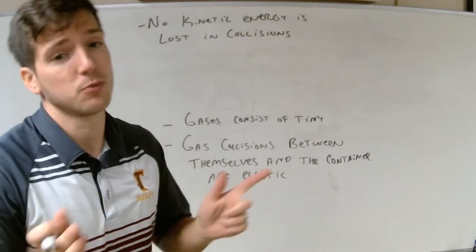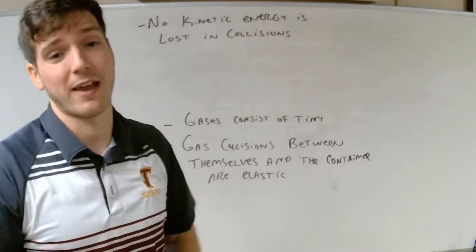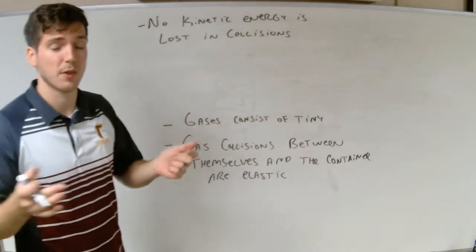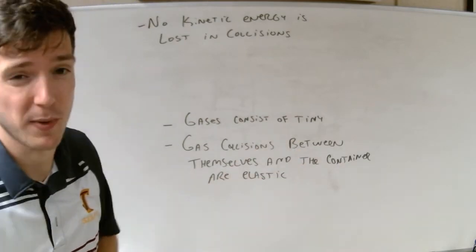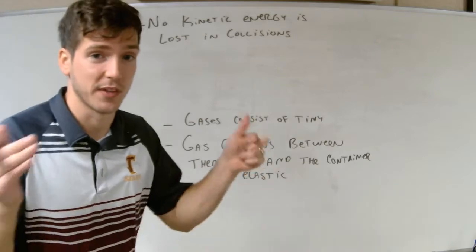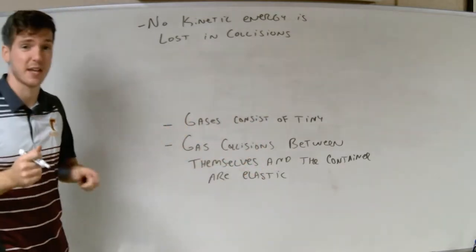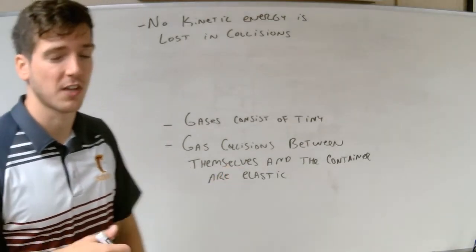Typically, real gases, when they collide, they lose a little bit of energy, right? From friction, they'll bump into each other and slow down, just like people would. But with kinetic molecular theory, they bounce off of each other and leave in the opposite direction without any loss of energy, okay? So they're just moving all over the place at the same speed, not slowing down, moving without a loss of any energy.